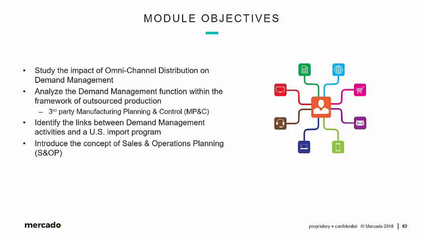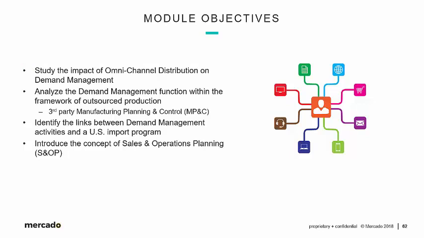All right. Well, that's it for Module 3. And as we saw at the very front of the module, we had 4 objectives. You can decide if we achieve them. We talked a lot about omni-channel distribution and its impact on demand management. We indeed analyzed demand management within the framework of outsourced production.